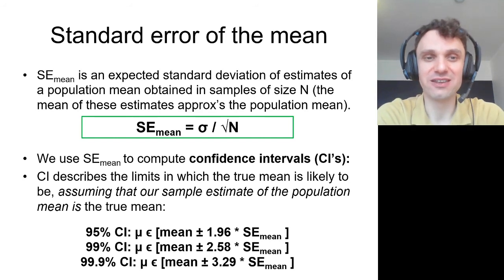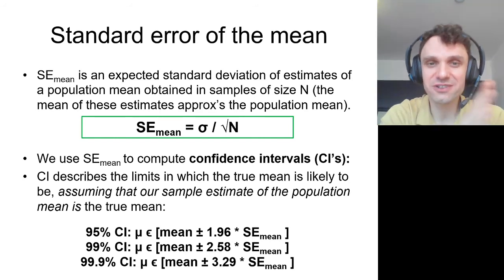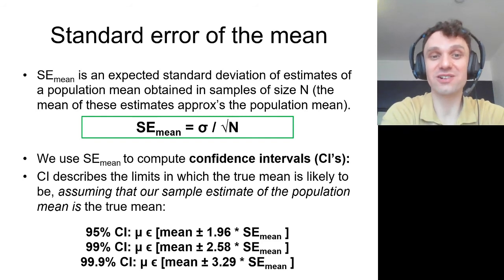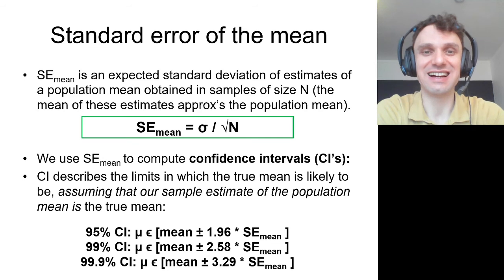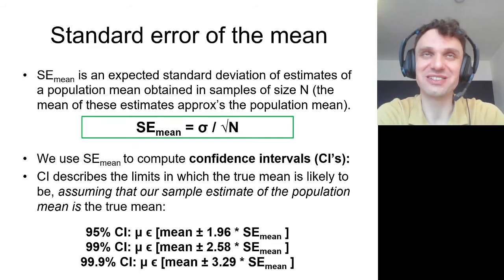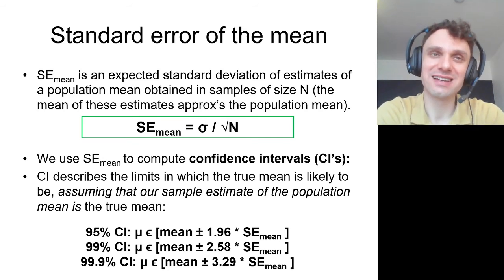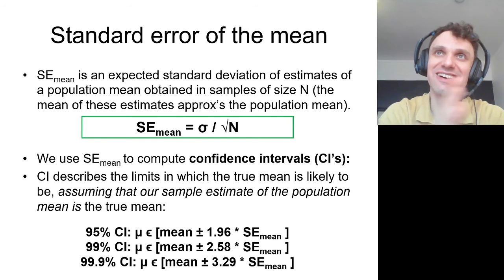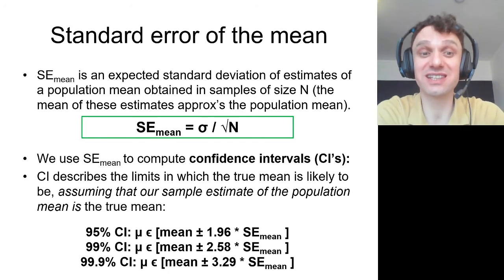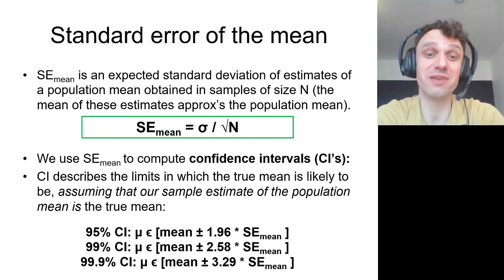Every time you will get a slightly different mean score, and you also get a slightly different standard deviation. So in order to find out how widely the results are supposed to differ, you can calculate this standard error of the mean.